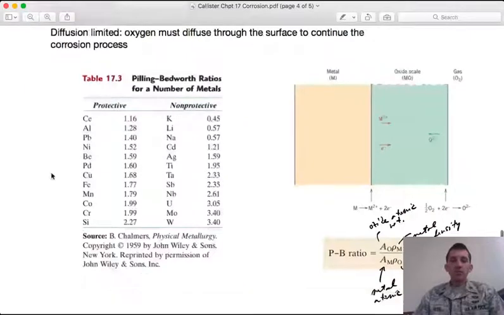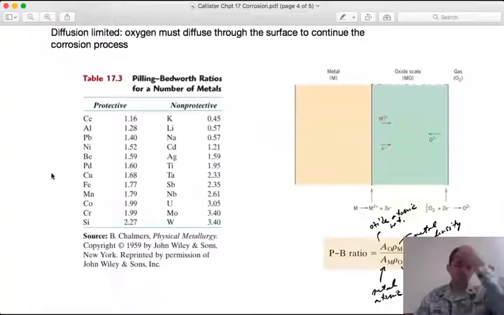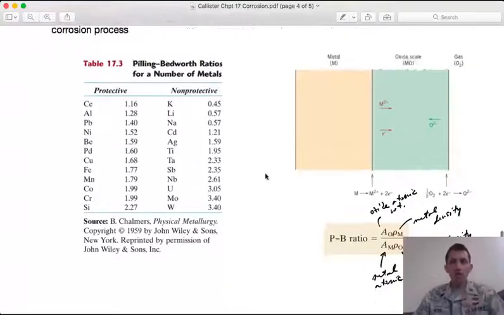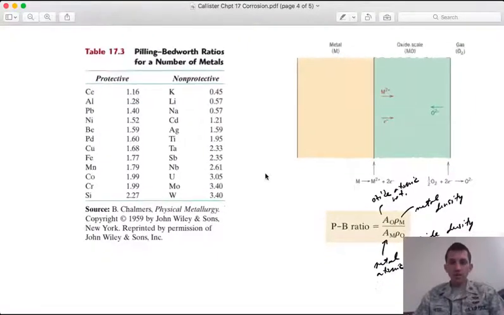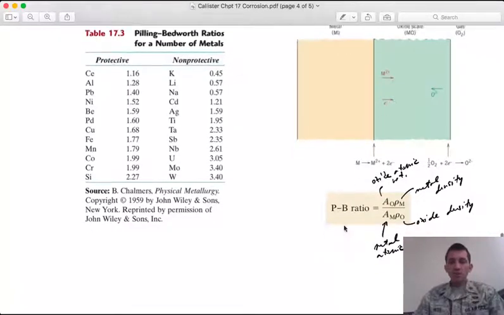Predicting that is helped by a number called the Pilling-Bedworth ratio. This is calculated from the density of the metal in the oxide and the atomic weight of the metal in the oxide.